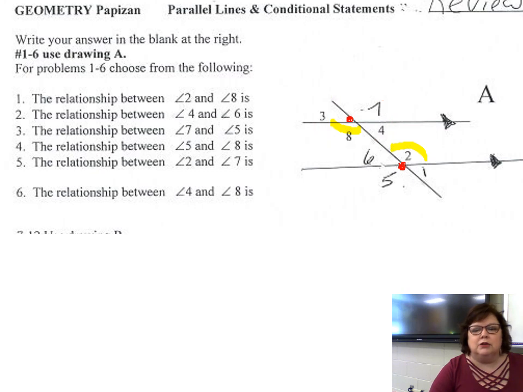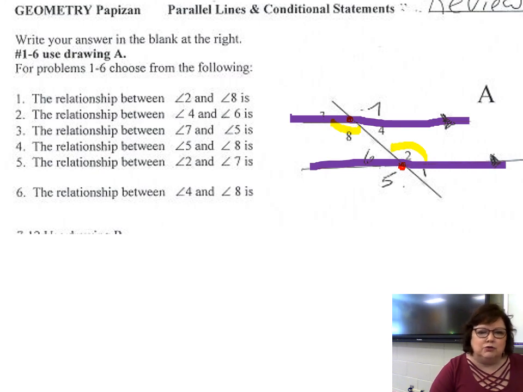So we start thinking about the parallels and saying, okay, here is one, here's the other. Are the two angles that we're mentioning in between or not between? So if they're interior or exterior is a major feature, and these two are both interior.